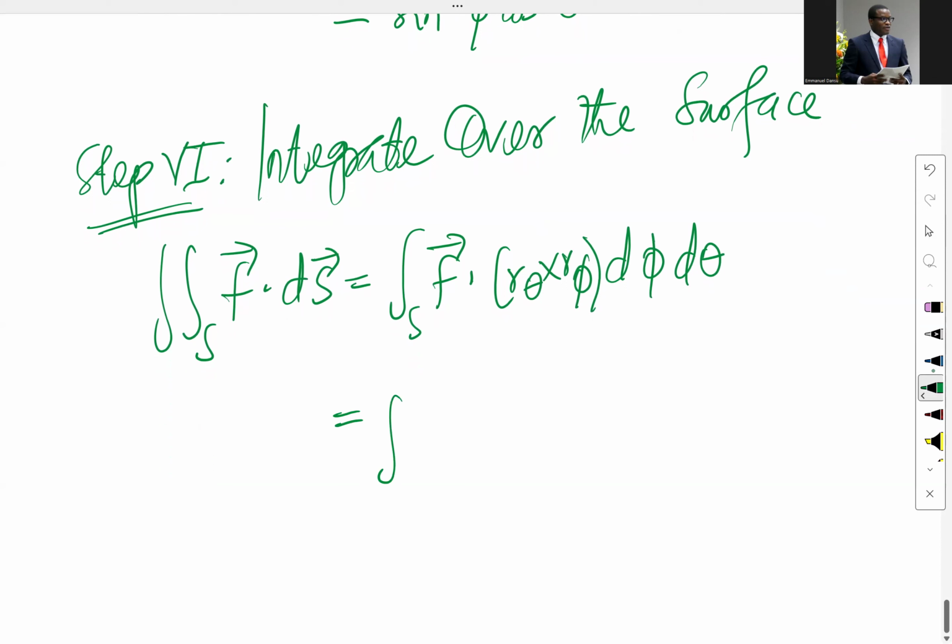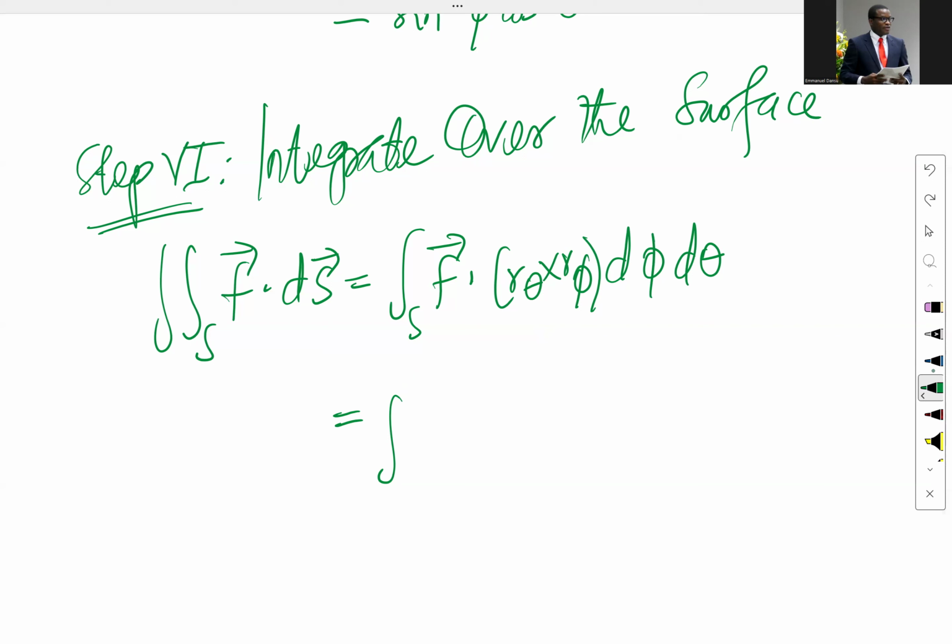So theta is from 0 to 2 pi, and the other one is phi, from 0 to pi over 2. I think I have a nice way of representing this so that you don't get confused which is which.